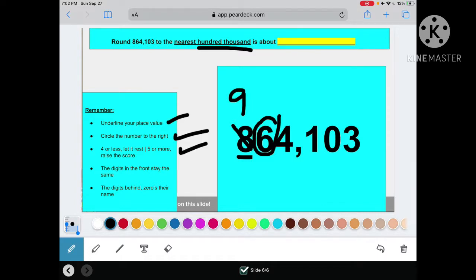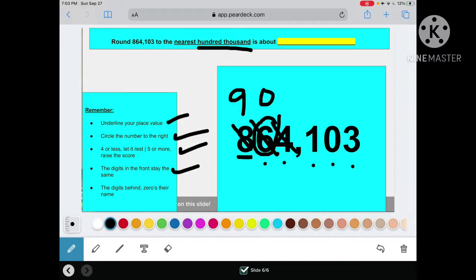Fantastic job. The digits in the front stay the same. Do we have any digits in the front? Nah, so we're going to skip that step. The digits behind zeros their name. What is my 6, my 4, my 1, my 0, and my 3 turning into? Absolutely, they're turning into zeros.